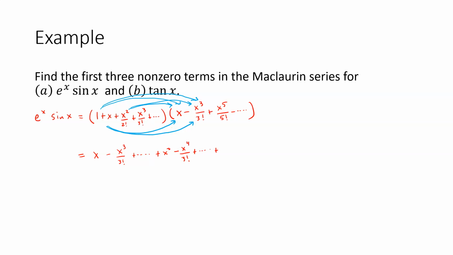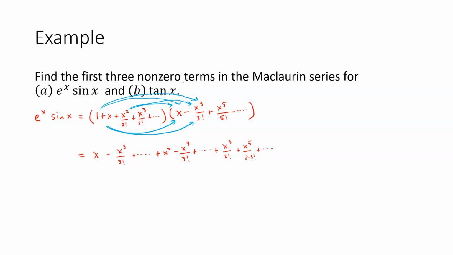I would have x to the 3rd over 2 factorial, and then x to the 5th over... sorry, x to the 5th over 2 times 3 factorial. Okay, anyways, so we probably don't need to go up to the 5th degree term.